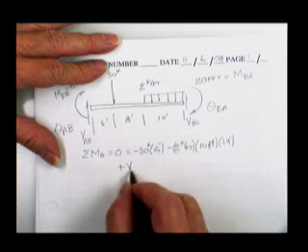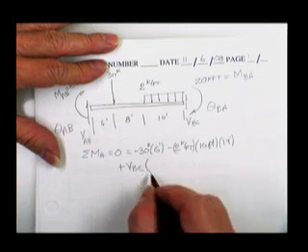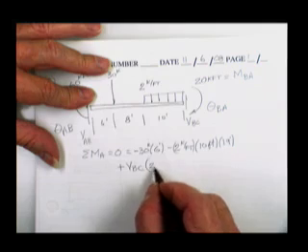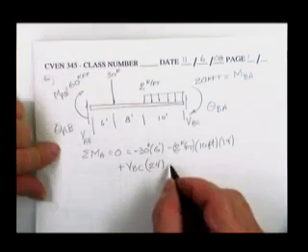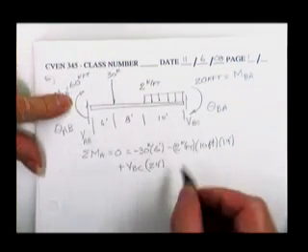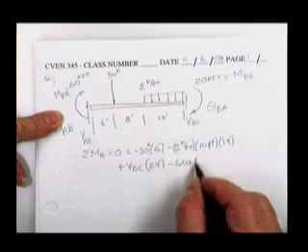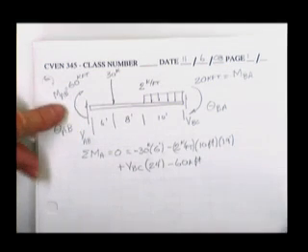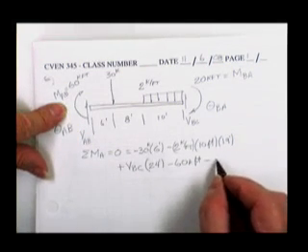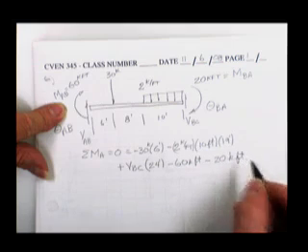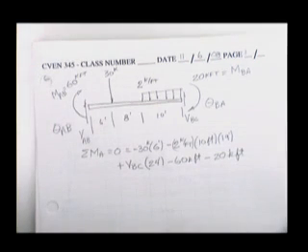Plus the shear at BC times his moment arm, 18, 24. And then the external moments on the end would say minus 60. And then minus 20.